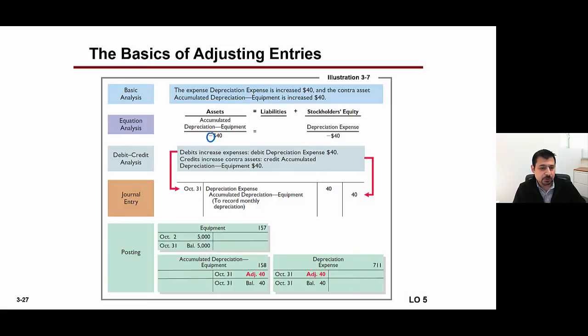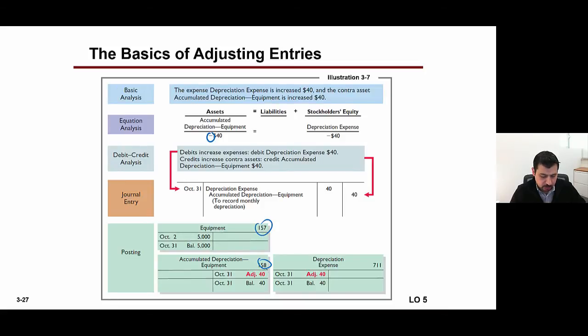Now, when we post it, like we said here, we post it immediately after the asset that it offsets. So in this case, equipment, we did not touch the account equipment, but right underneath it we have accumulated depreciation equipment.